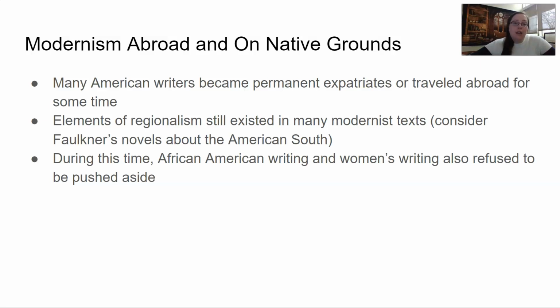We're still getting a lot of elements of regionalism. I don't think that we will read Faulkner. I cannot remember. We'll have to check the course schedule. But Faulkner's novels are wonderful and give you intense depictions of the American South. They're challenging to read if you've never read Faulkner, but definitely worth it.